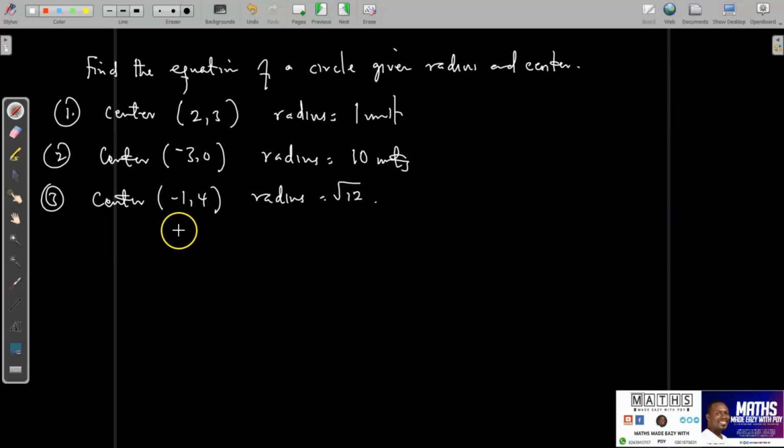In our next lesson to come, we are going to consider how to determine the center and the radius from a given equation of a circle. So that is our next topic we are going to look at.